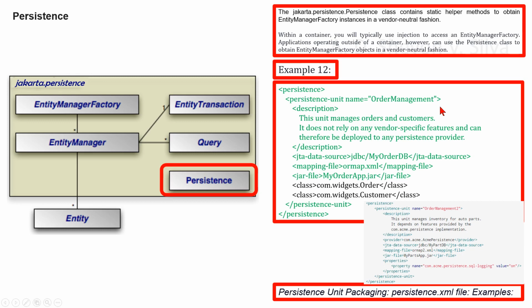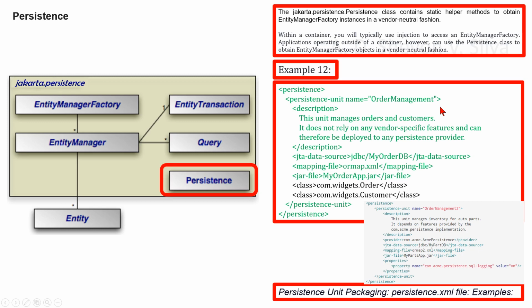Transaction type JTA assumes that a JTA data source will be provided, either specified by the jta-data-source element or provided by the container.